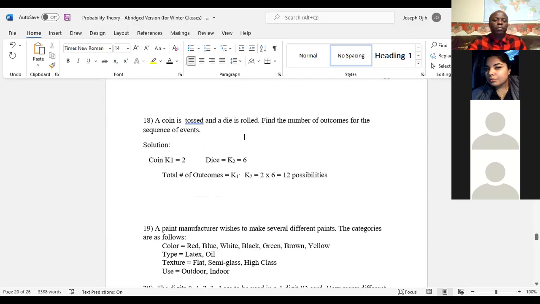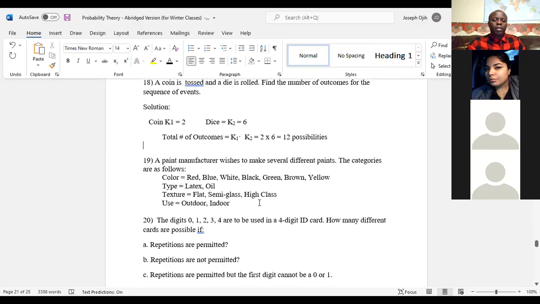For a coin, k1 is 2 possibilities because a coin has 2 sides. A die has 6 sides, 6 possibilities. So the total number of outcomes is k1 times k2. That means 2 times 6, 12 possibilities. Okay, thank you.